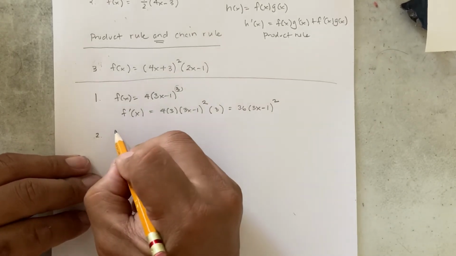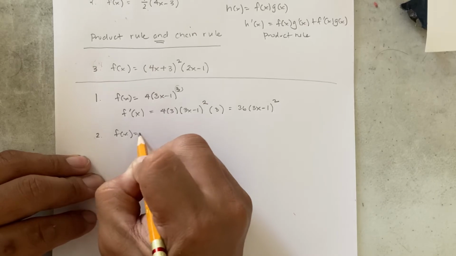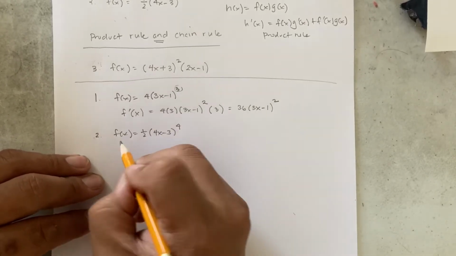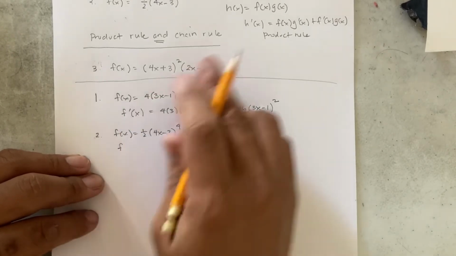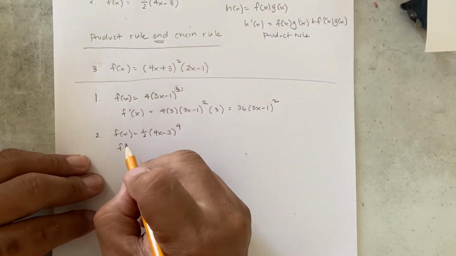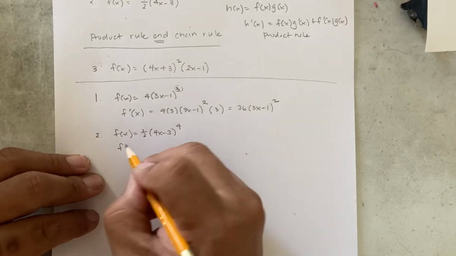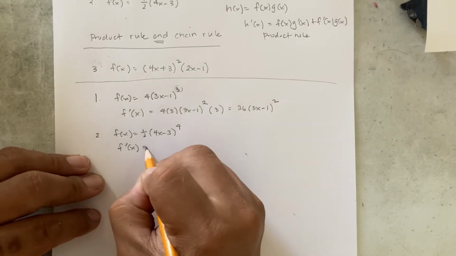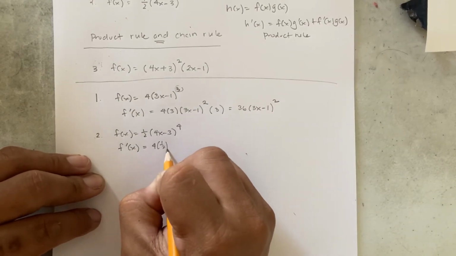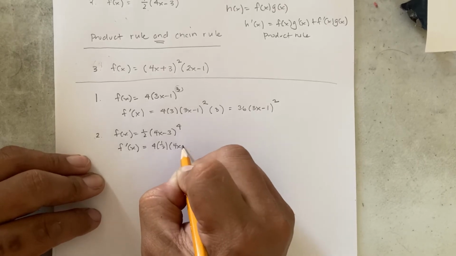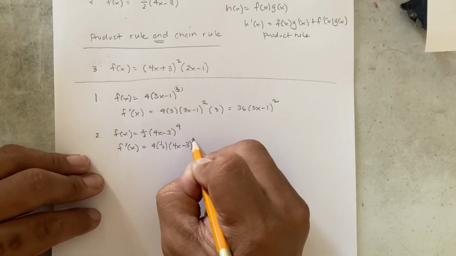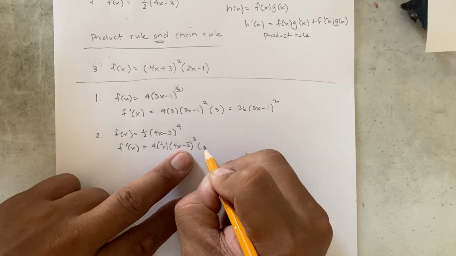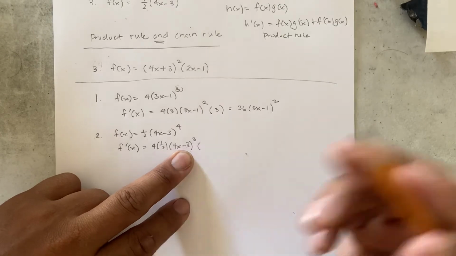The next one, f of x equals 1/2 times 4x minus 3 raised to the fourth power. I'm going to apply the power rule and the chain rule. So the derivative of the function f prime of x equals 4 times 1/2, times the quantity 4x minus 3 raised to the third power, 4 minus 1 is 3, times the inside derivative, that's the g prime of x.